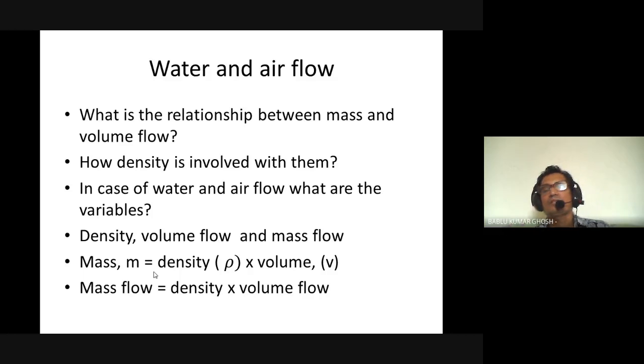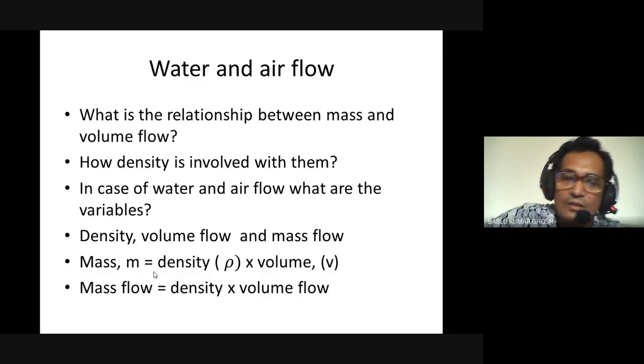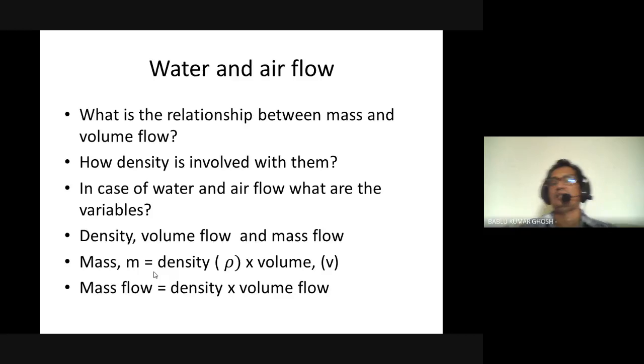That's why the water flow rate required is minimum to ensure the same amount of mechanical energy. For air, it must be 1000 times greater, either the velocity or the diameter of the windmill, that will determine the same energy flow. Because water density is much higher than air density.